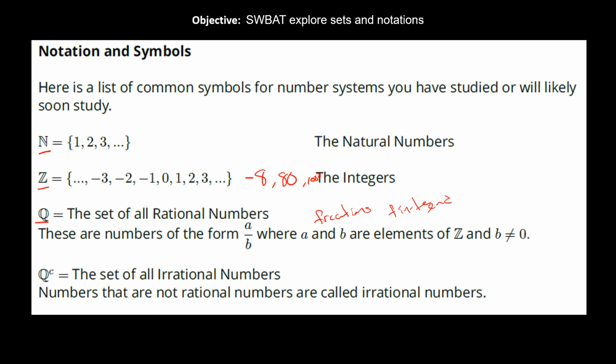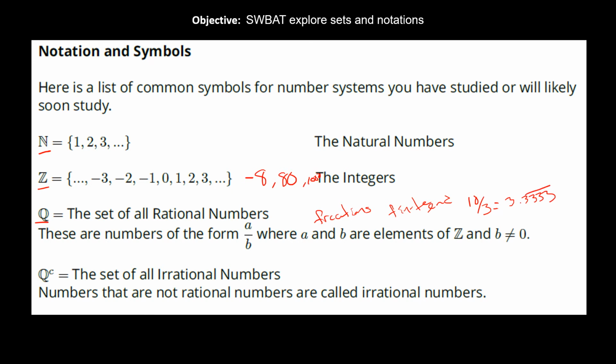I like to think of it like all your integers are considered rational numbers. If we have a number, let's say 10 divided by 3, and you did that calculation, you would get 3.3333.